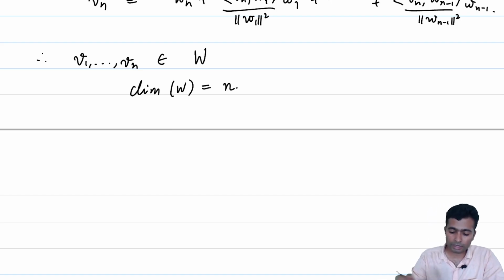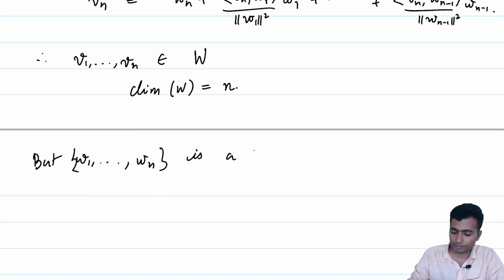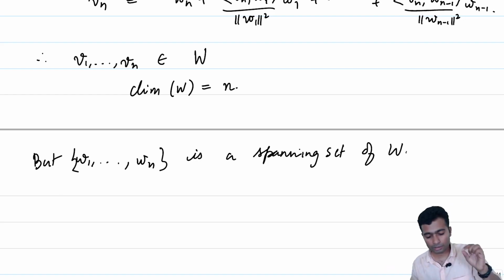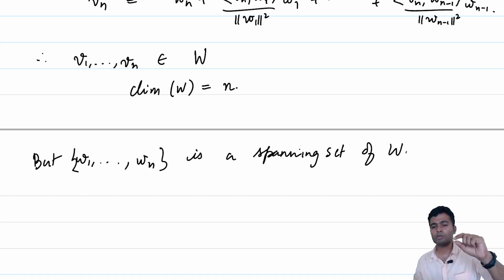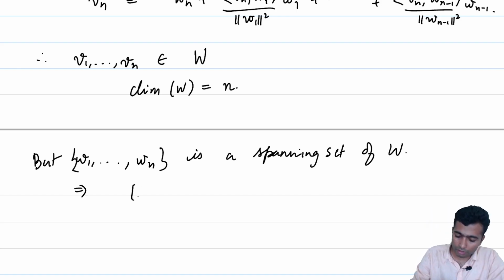But we also know that W1 up to Wn is a spanning set of W, because that's how we have defined capital W to be. We have now a collection of n vectors which is a spanning set in a dimension n space, and therefore W1 to Wn is a basis.